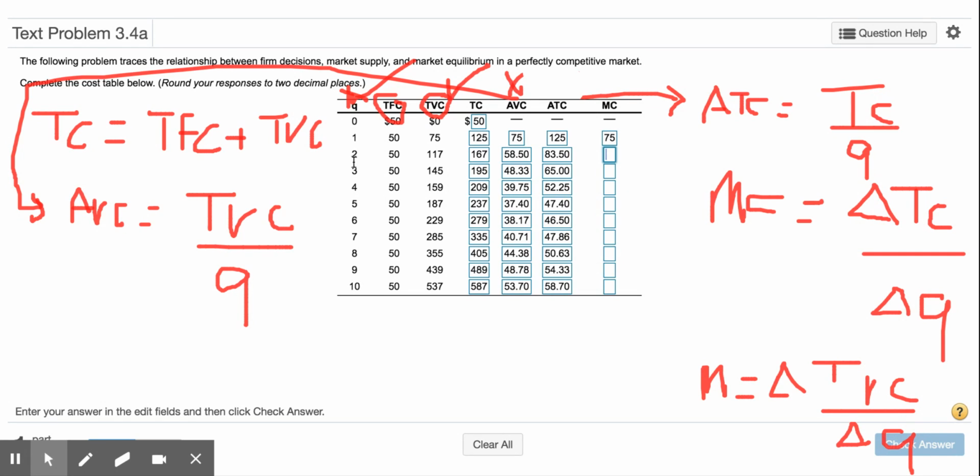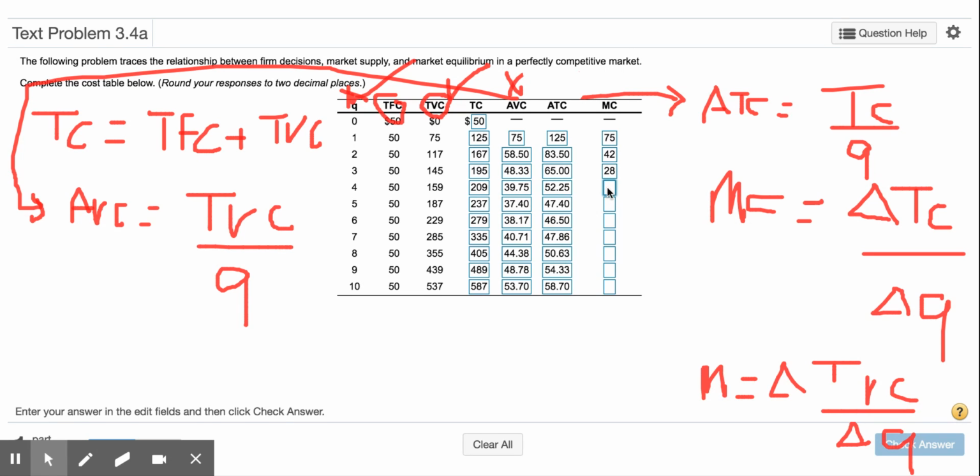Remember to take the difference. 117 minus 75, got 42. 145 minus 117 is 28, divided by 1 is 28. I'm going to keep saying dividing by 1 because we're moving by 1 increment.